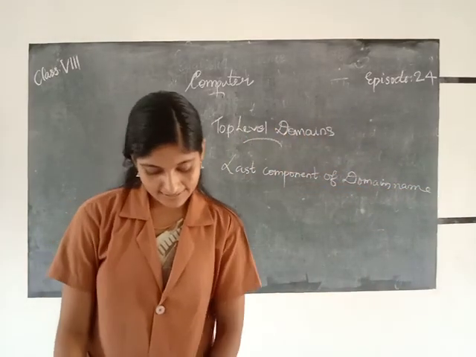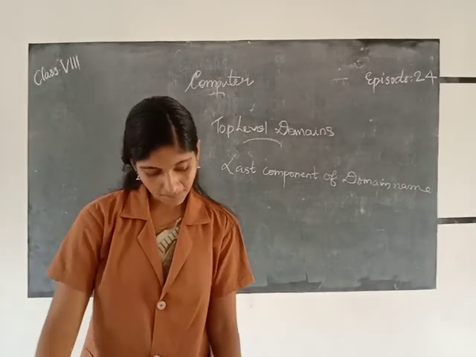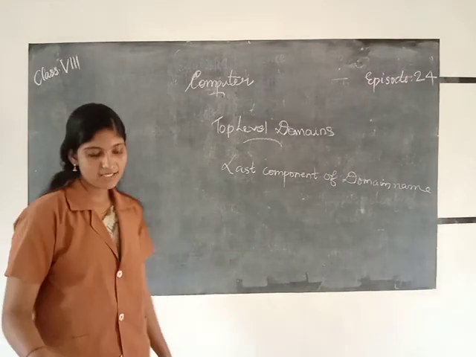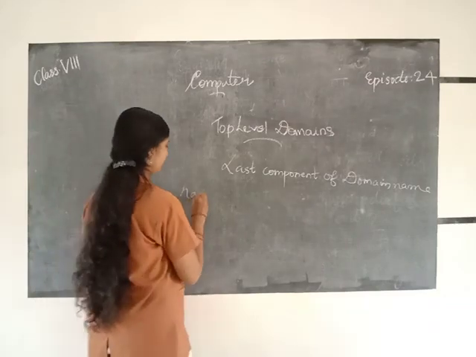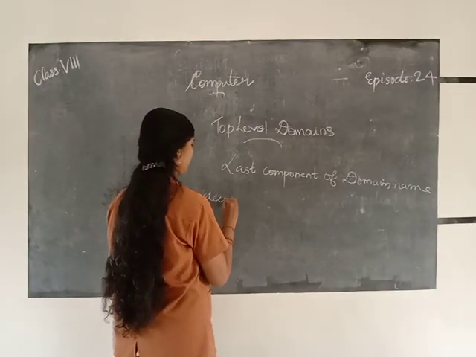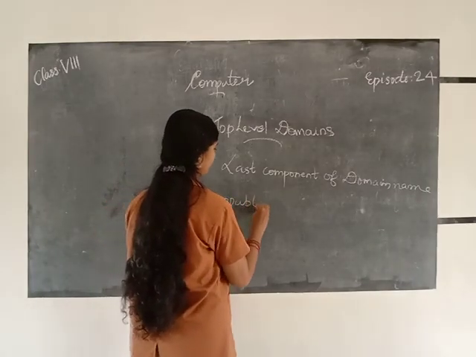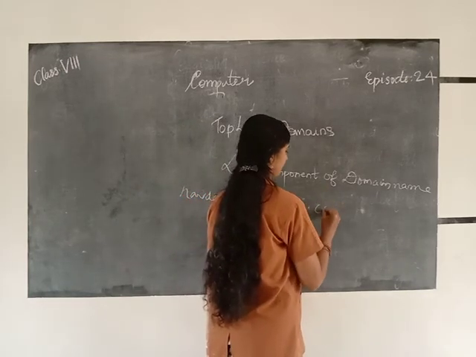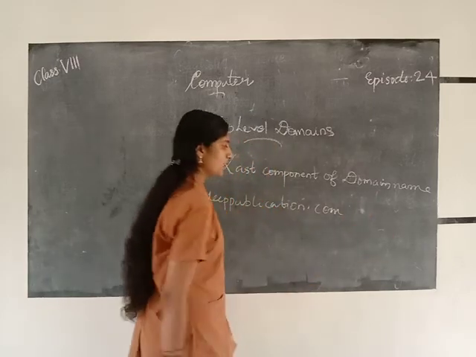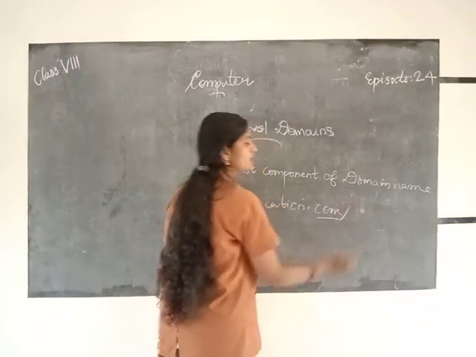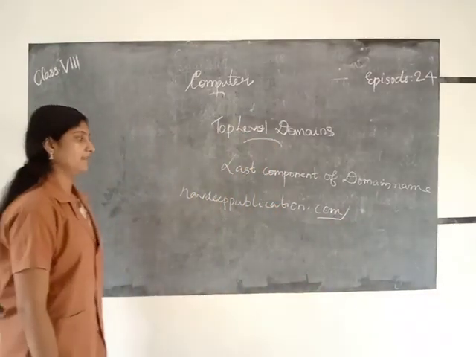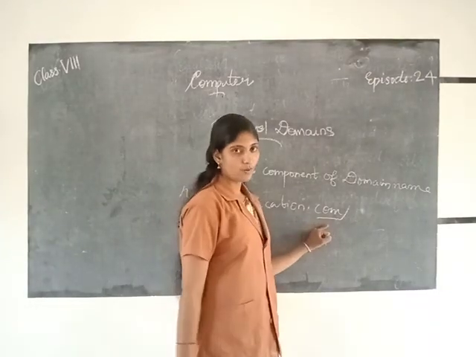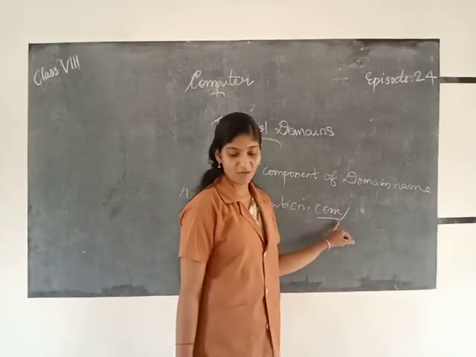Let's take an example, navdeeppublications.com. Here com is the top level domain.